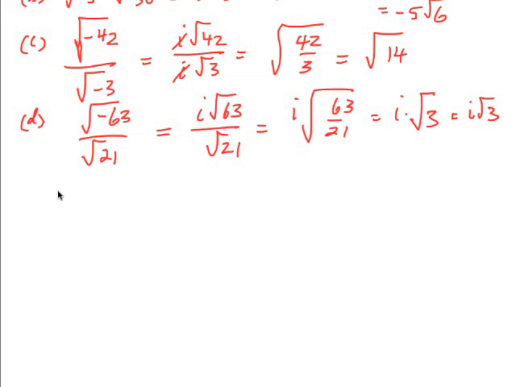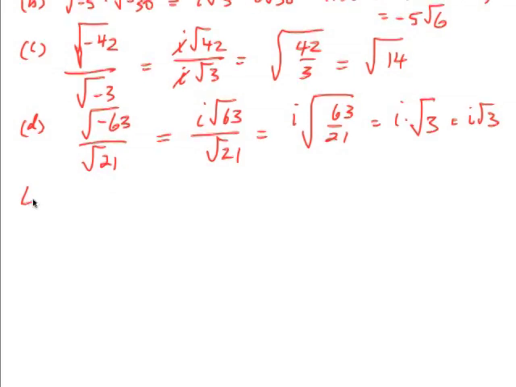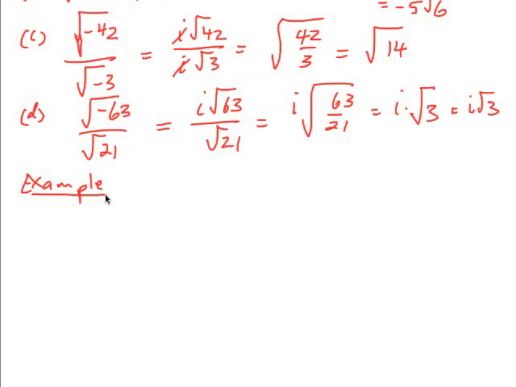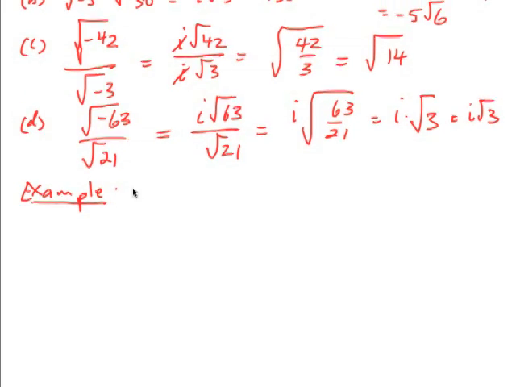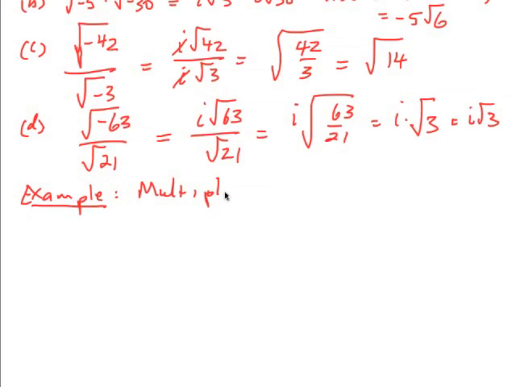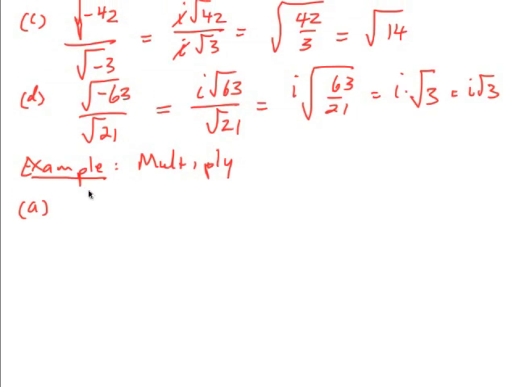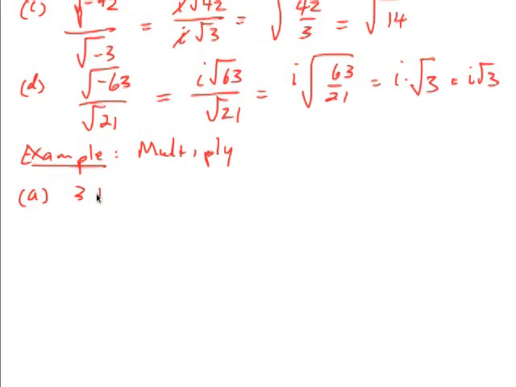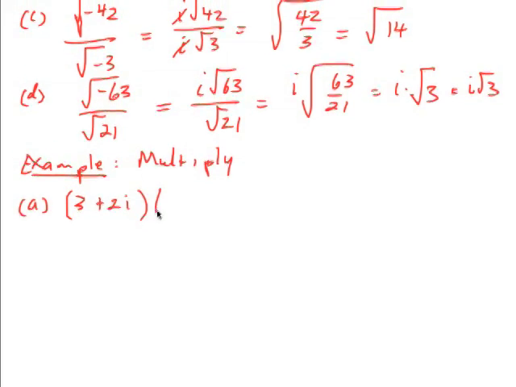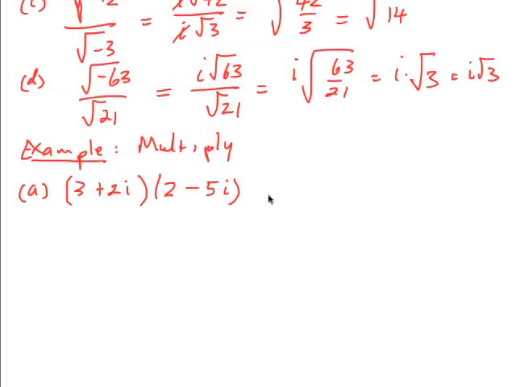What if we have a complex number multiplied by a complex number? Example: what we do is we just apply the FOIL. So multiply the following. Part A, let's suppose that we have 3 plus 2i times 2 minus 5i.